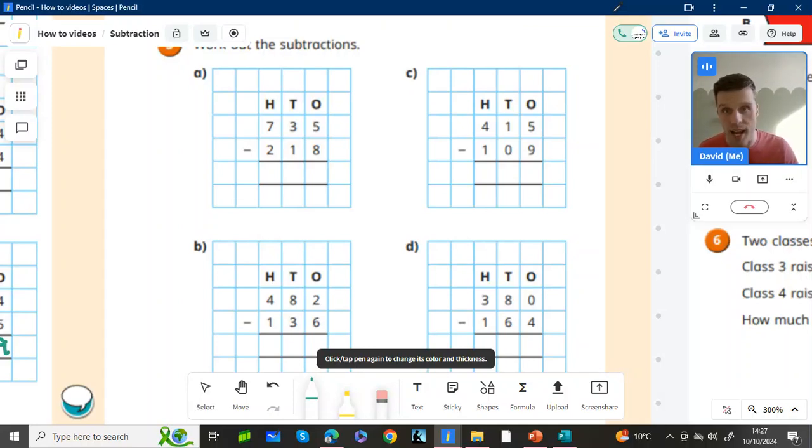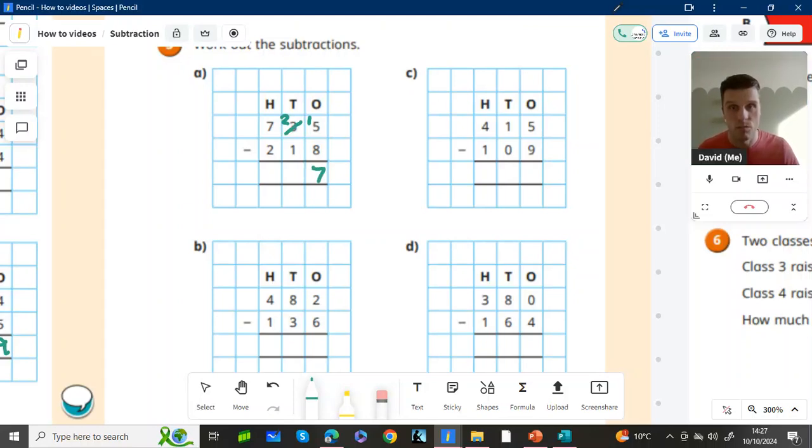So I'm going to borrow a 10. So I'm going to reduce the 10s by 1 and put a 2 there. I'm going to put a little 1 next to the 5. And now I have 15. So 15 take away 8 is 7. 2 take away 1 is 1. And 7 take away 2 is 5. Pause the video here to complete the rest of the subtractions.